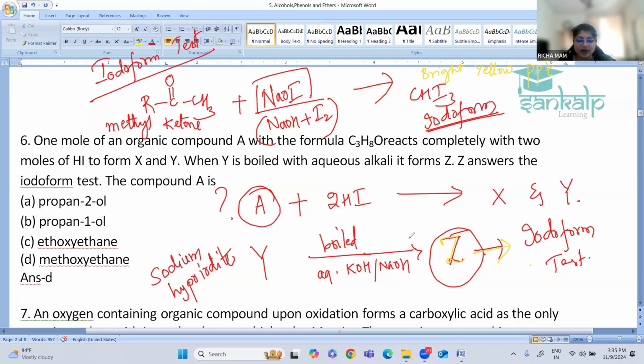So this is the iodoform test. Now, what is A? CH3I.